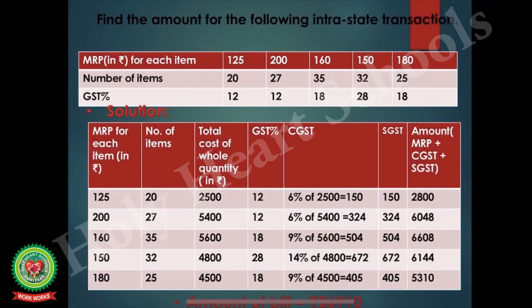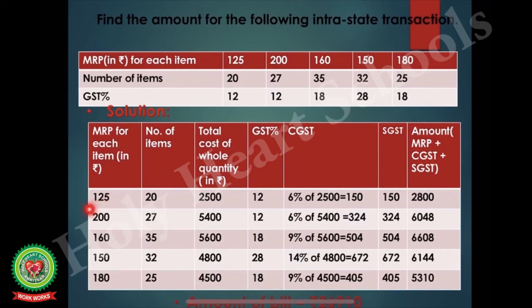And the last column that we have made is for the amount, which is equal to MRP plus CGST plus SGST. Now here the MRP is the total cost of whole quantity, that is the MRP of all the items purchased.